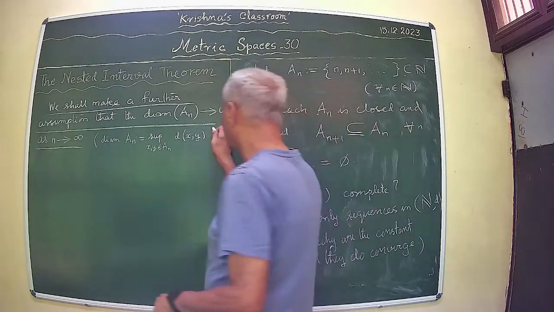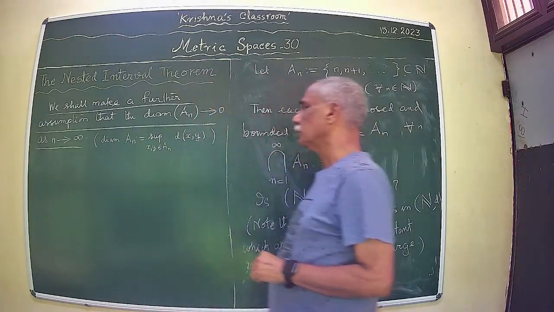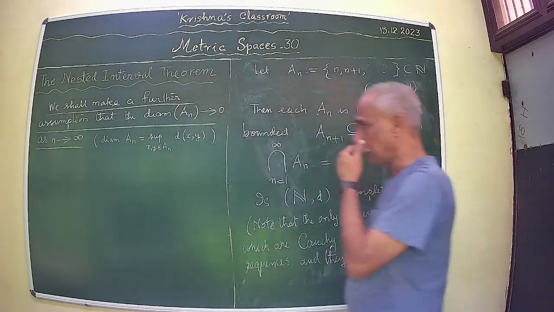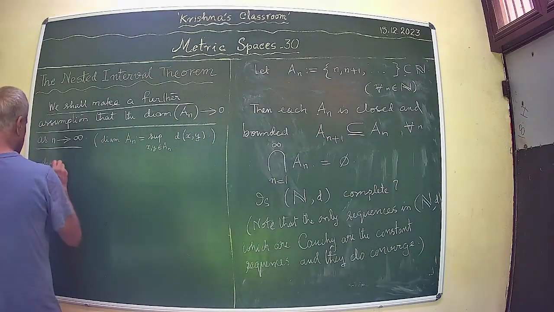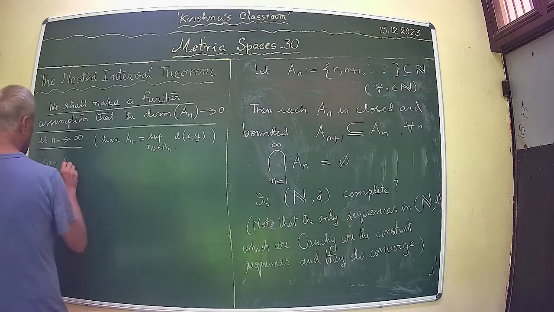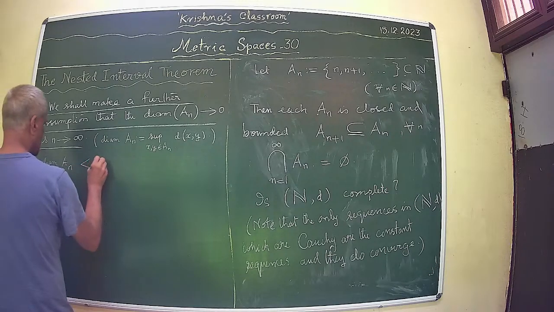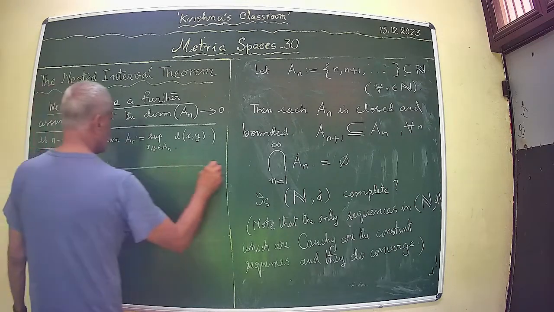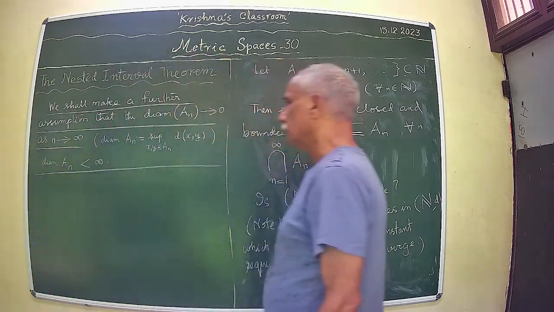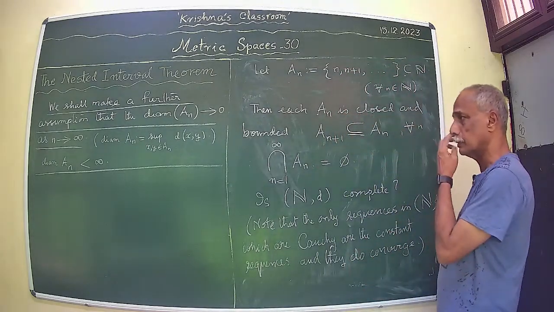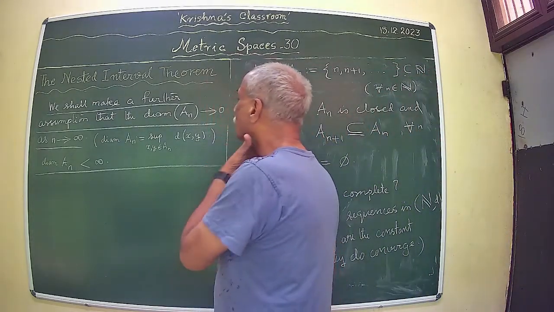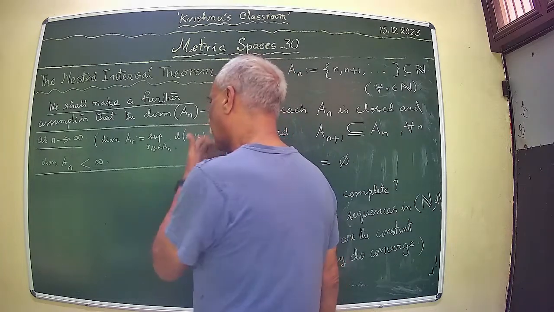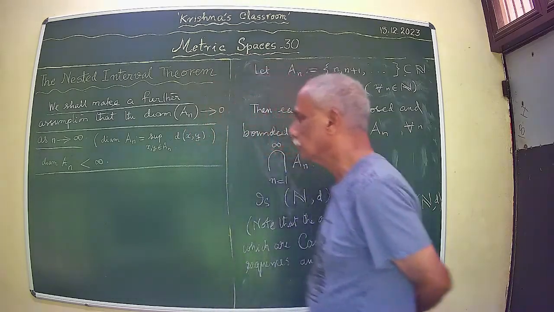There is no problem. So the diameter is certain, because the supremum exists, because the set is a bounded set.